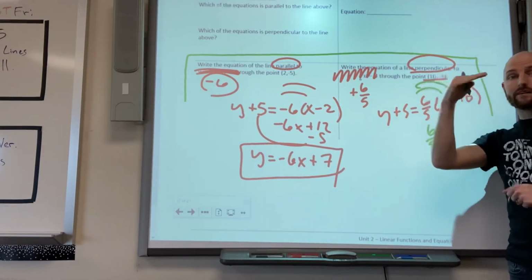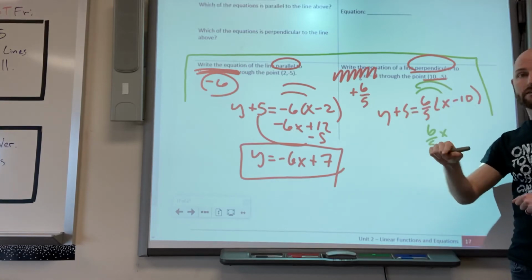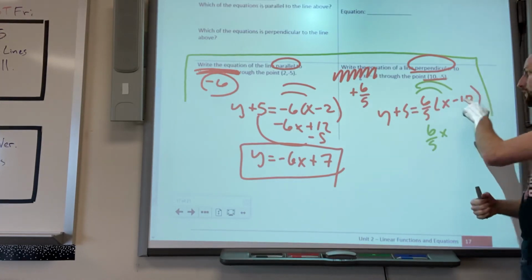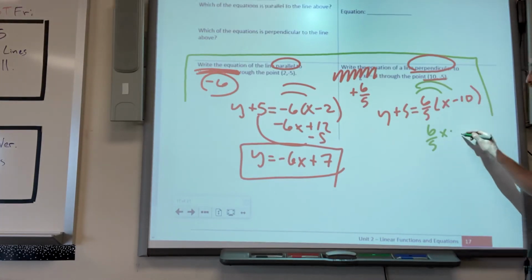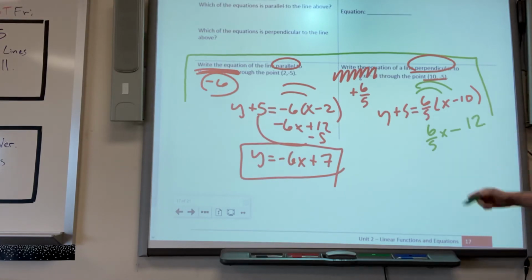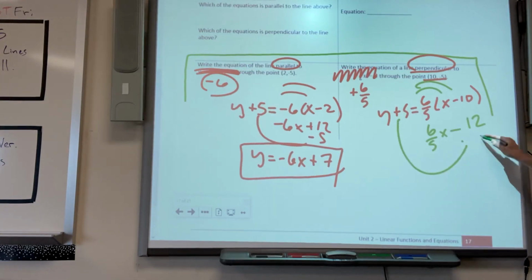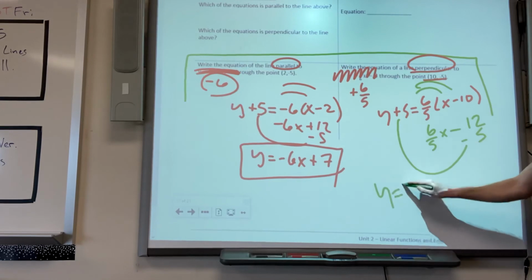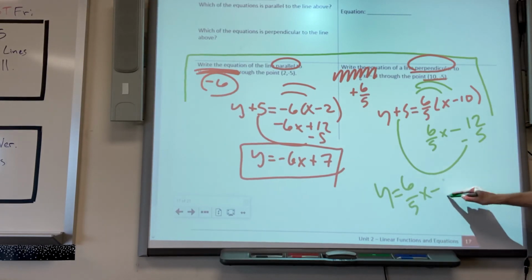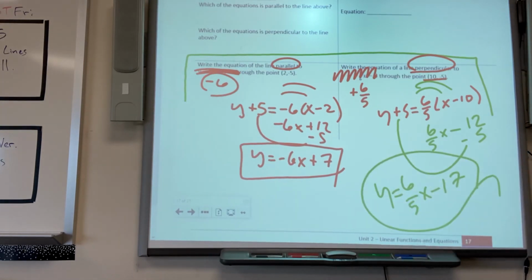Calculator. 6 divide 5 multiply 10, enter, negative 12. Then minus 5, y equals 6 divided 5, x minus 17.